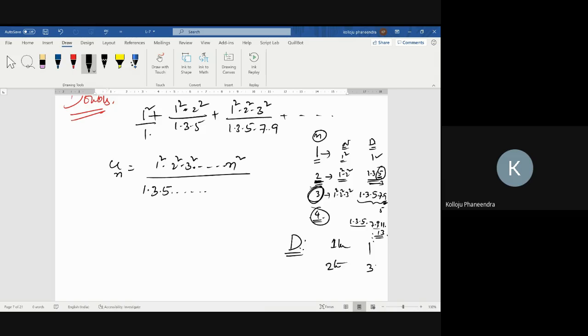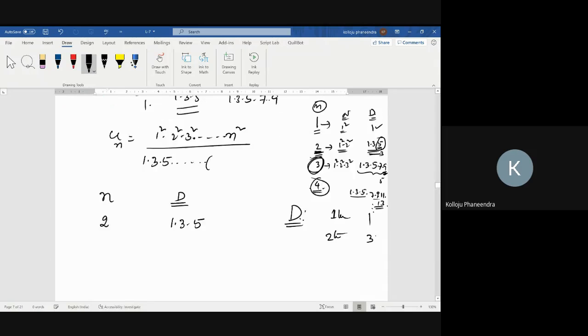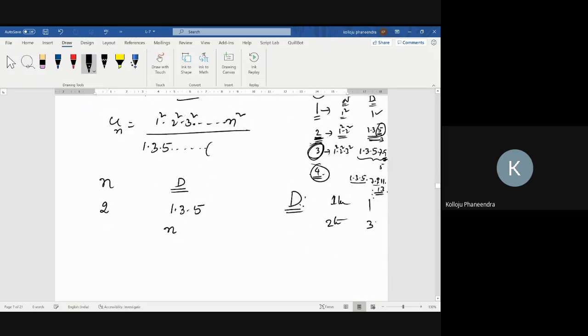So you write the n value here, and the denominator terms here. Listen. When n value is 2, the second term goes up to what? 1, 3, 5. So I can write n into n plus 1 into... what is this?